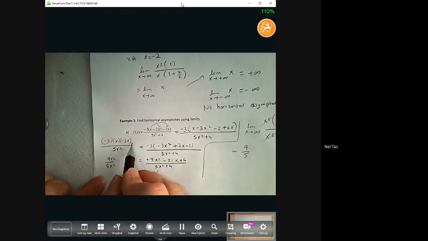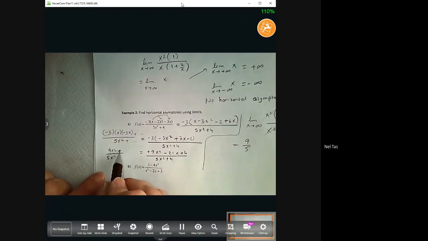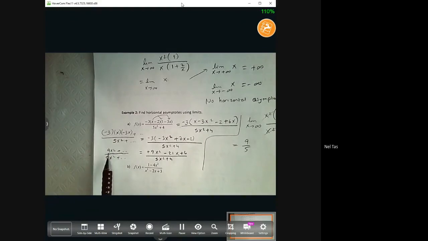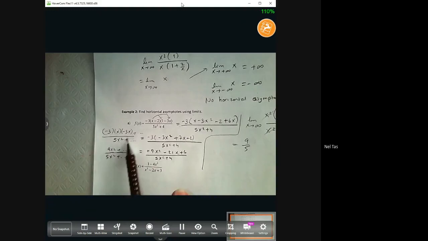Of course, there are other terms here, and other terms here, but we are only interested in the terms with the highest exponent. The numerator has a degree of 2, the denominator has a degree of 2, they have the same degree. The ratio of the leading coefficients gives you the horizontal asymptote. So that is 9 over 5. So this would be the shortcut.